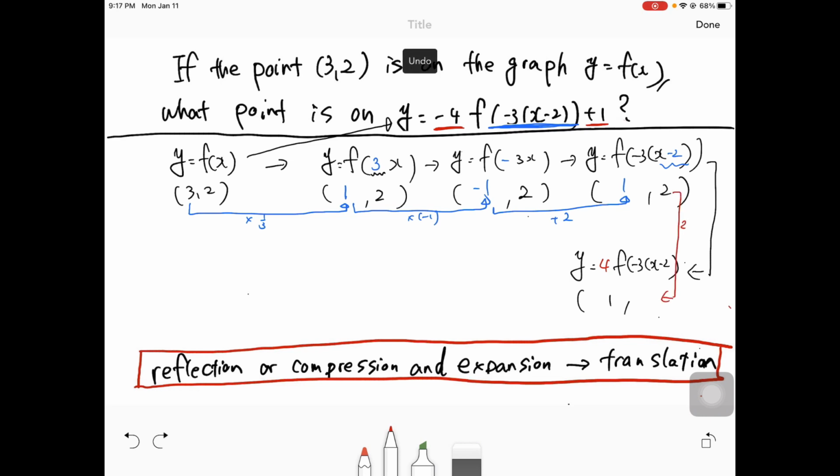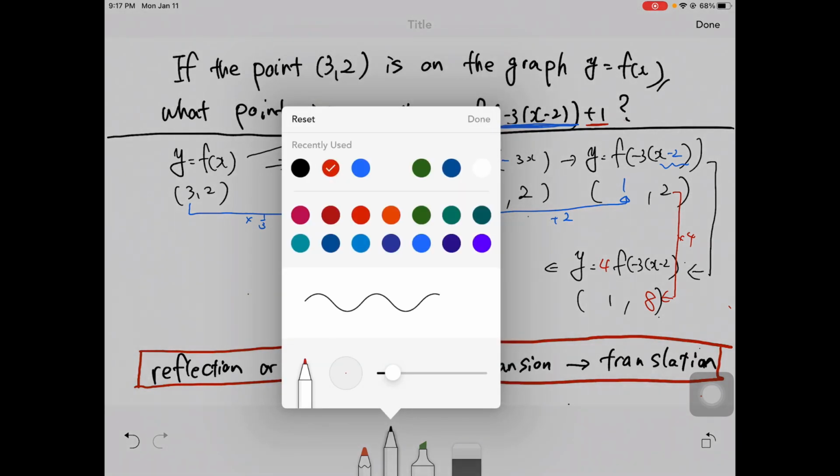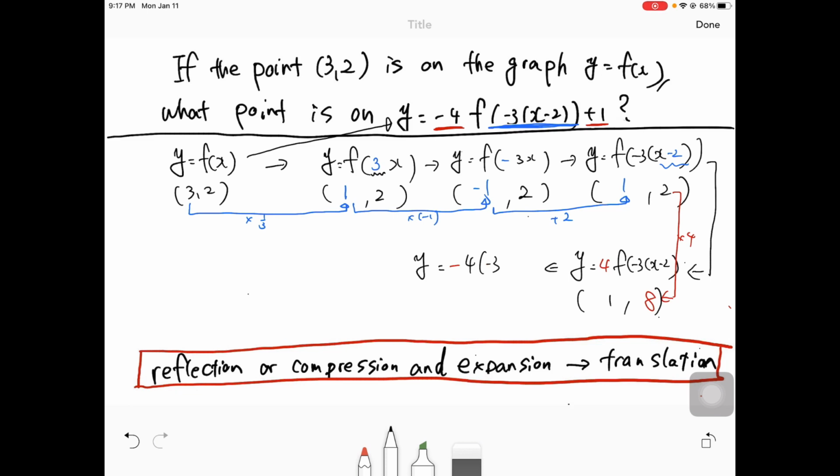This means 2 times 4, which is 8. This is vertical expansion. Next one, you have the negative value here, so I also put negative 4 times f of -3 times x minus 2.